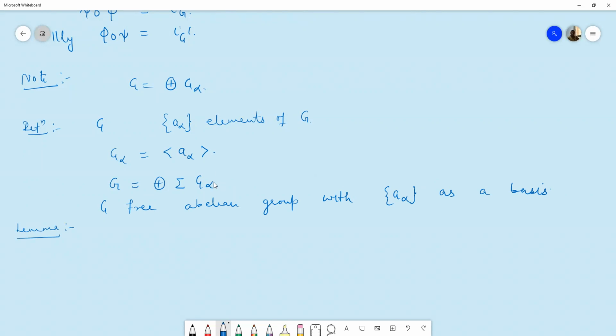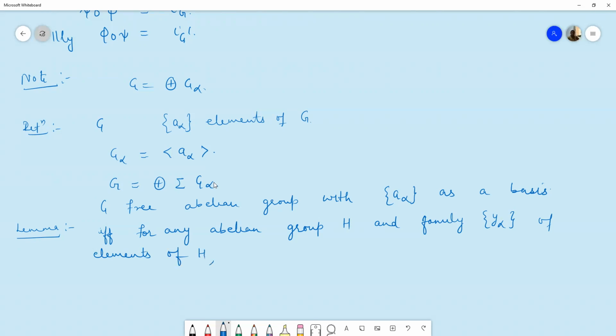Now in this lemma, G is an abelian group, and A alpha is a family of elements of G that generates G. And then G will be a free abelian group with A alpha as a basis if and only if, and this is the extension condition, for any abelian group H and for any family Y alpha of elements of H, there exists a homomorphism h from G into H such that h of A alpha is equal to Y alpha for each alpha, and in this case h will be unique.